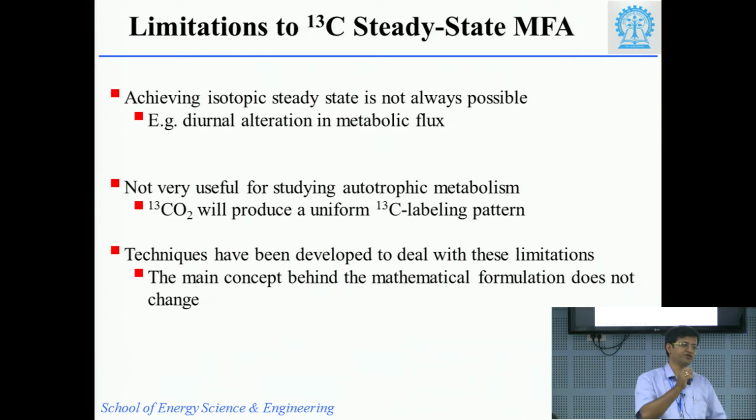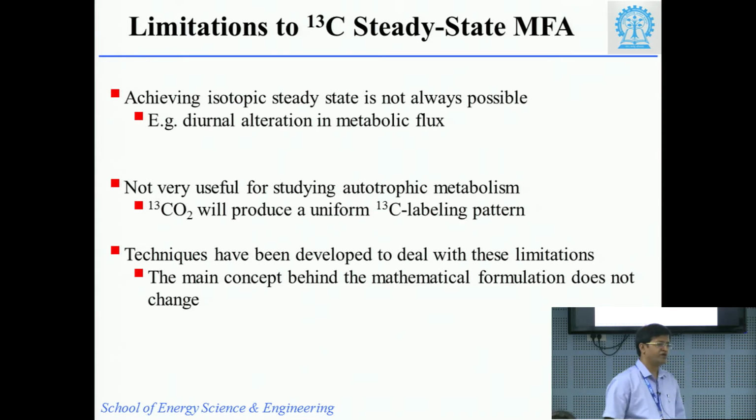Because carbon dioxide is only one carbon, if you use carbon dioxide as your only substrate, then you may not get very accurate fluxes. Techniques have been developed to deal with this limitation, and people still overcome those limitations to get very accurate fluxes.